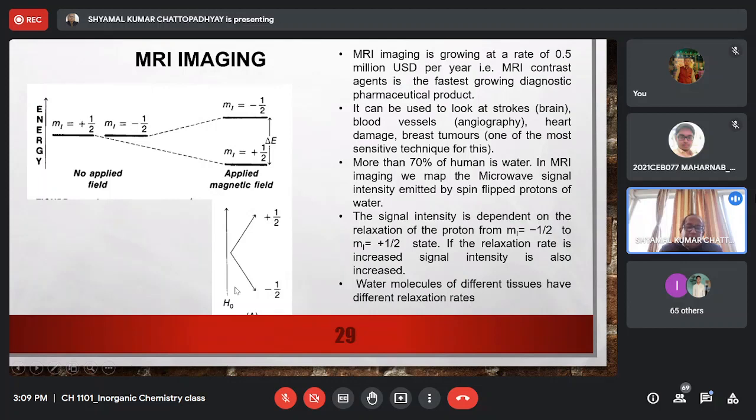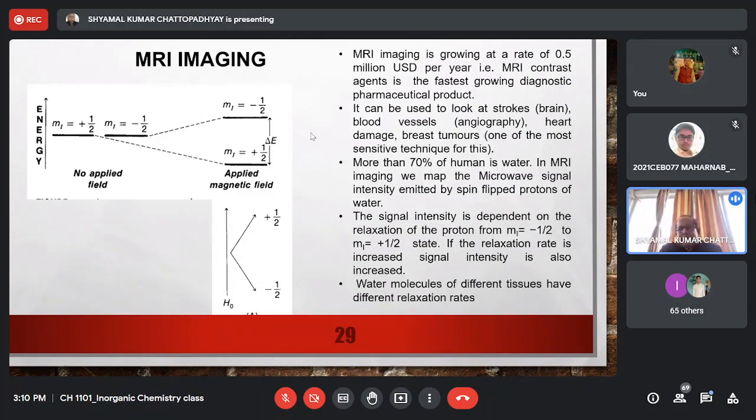If your magnet is weak, then you will use a relatively low megahertz radiation. But obviously, if you have a higher magnetic field and higher megahertz radiation, that creates a more clear image, right? So the clarity of the image increases.